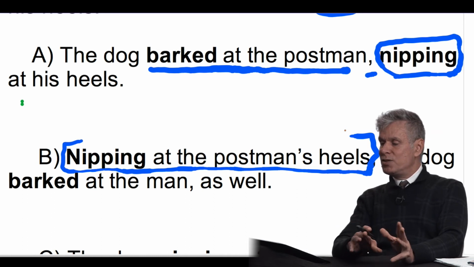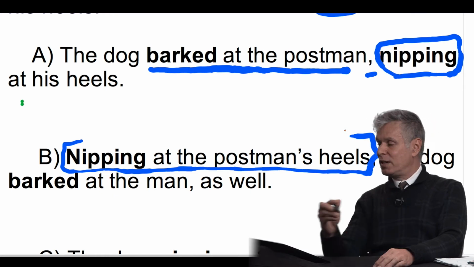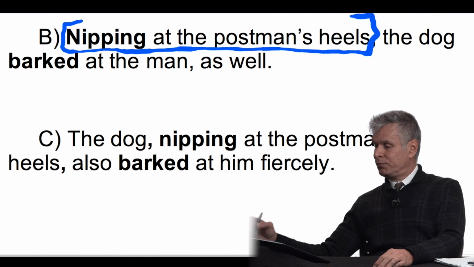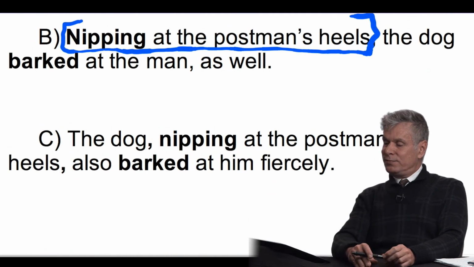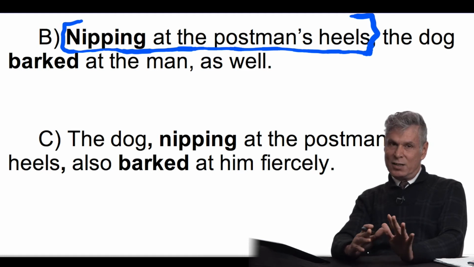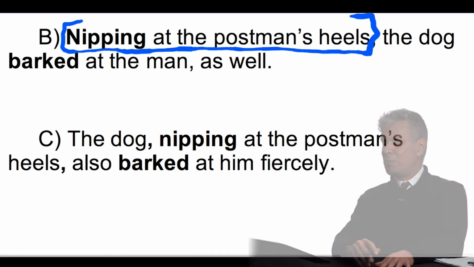Usually I find that students gravitate, like they know how to do one, but they don't do the other. So just try to be flexible. And then this third one I don't like as much, because you're not supposed to separate out your subject and verb very often, and this construction does. So just use this one a little sparingly.